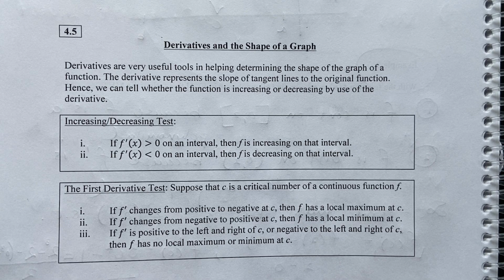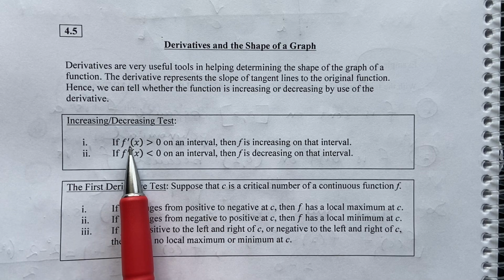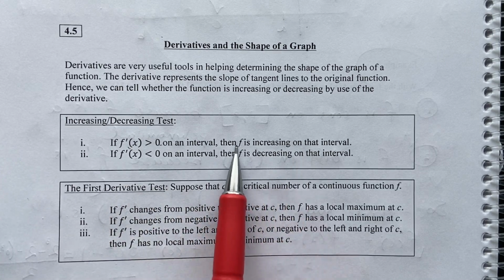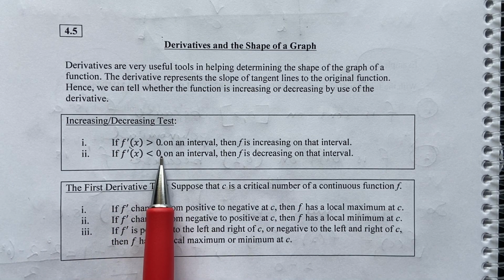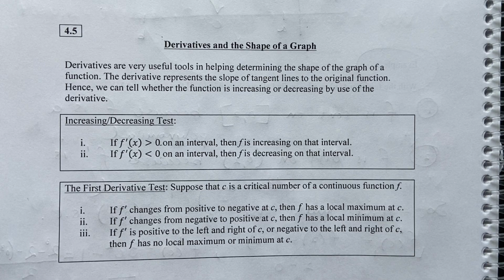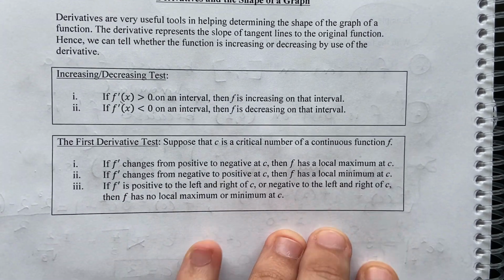There are a couple tests. Here's the increasing/decreasing test, basically what I just said. If the derivative is positive, then that function's increasing. You have positively evolving tangent lines in that interval. If the derivative is negative, then you have decrease on that interval. The first derivative test is an important one. So this will be like our sign chart.